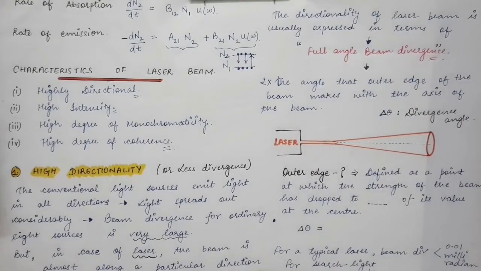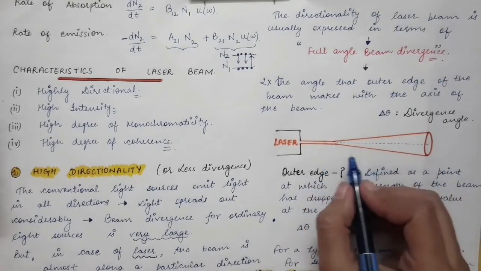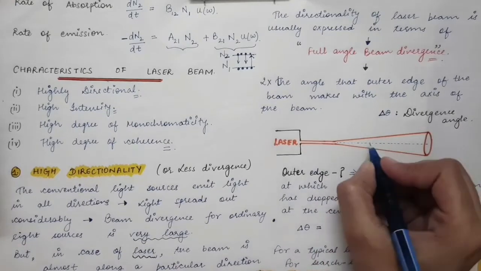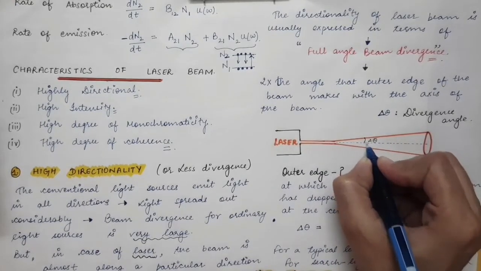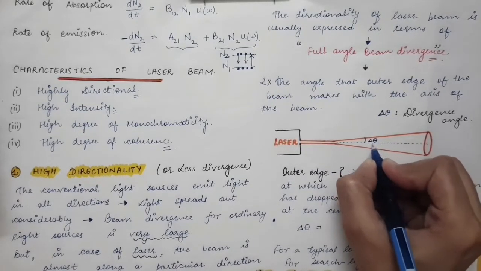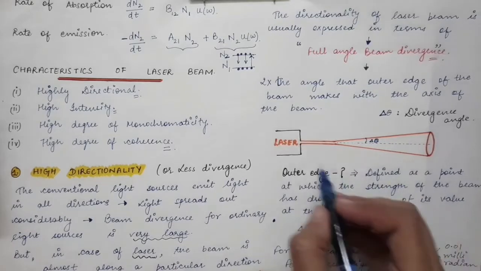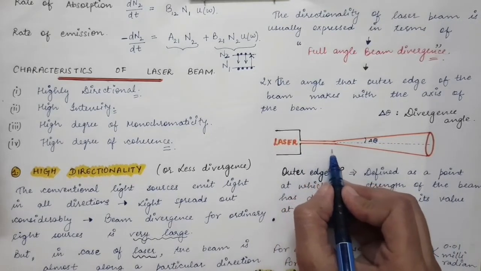Now for this full angle beam divergence, over here I have shown a diagram of the light which is emitted from a laser. Let's say this angle is equal to delta theta. We will define this delta theta. In the case of laser, the light first goes almost in a single direction.